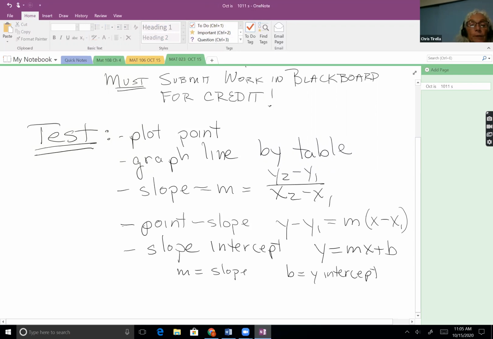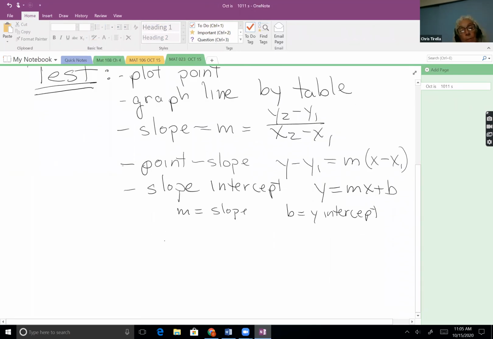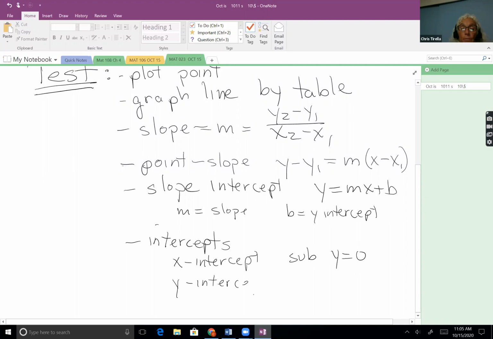You need to be able to find your intercepts either by looking at a graph or by substitution. For the x-intercept, we substitute y equals 0 and solve for x. For the y-intercept, we substitute x equals 0 and solve for y.